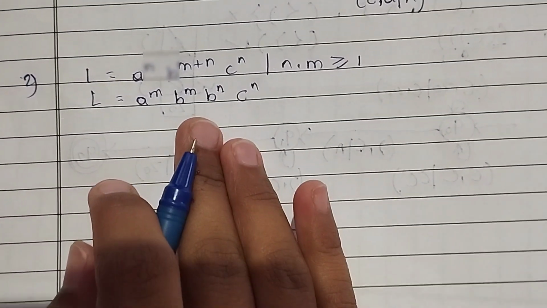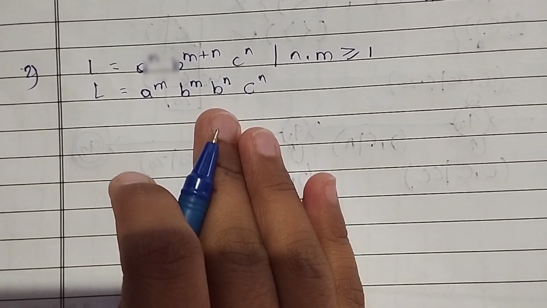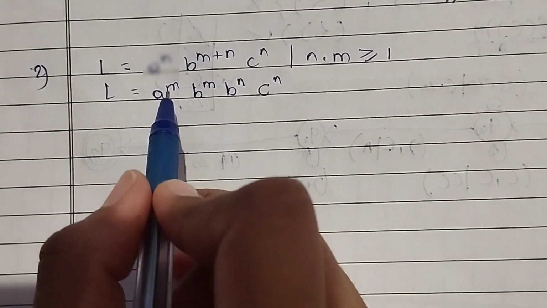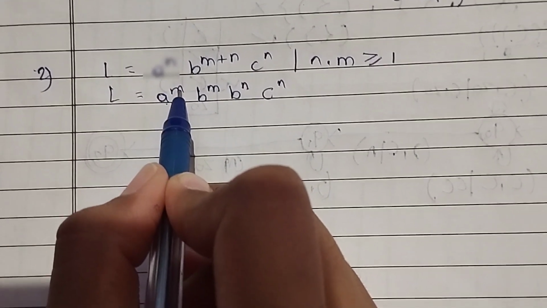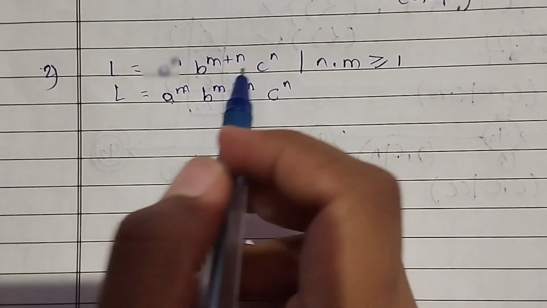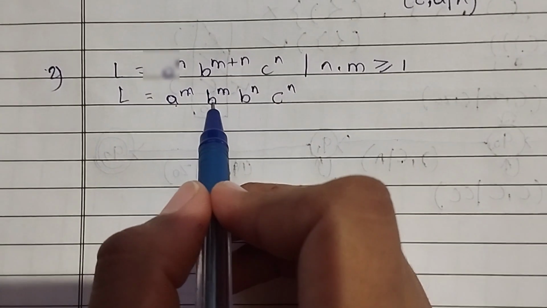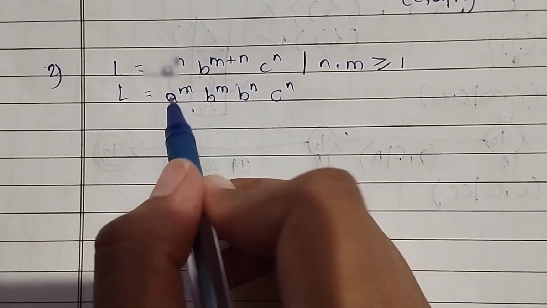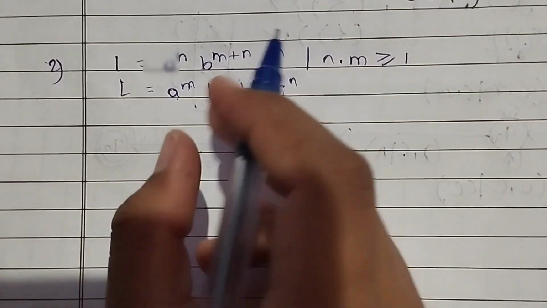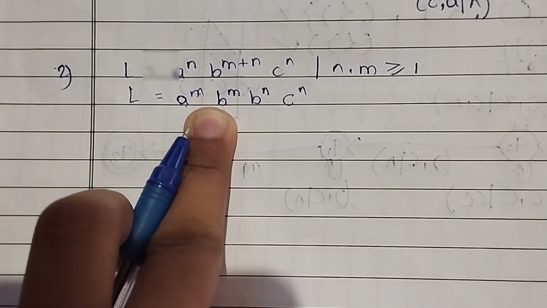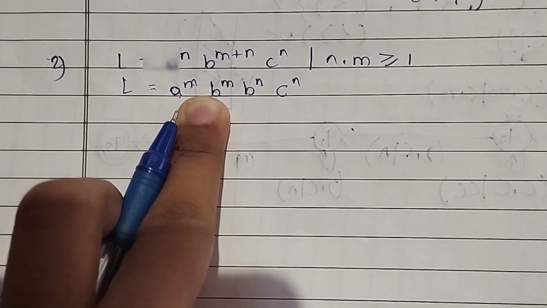Now if any swapping is required, no need to swap anything, because for this b raised to m we pop the a raised to m, vice versa. So all of these are no longer present in the stack, and now our stack is empty.